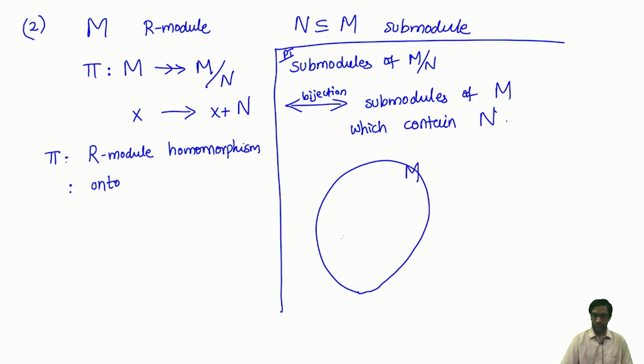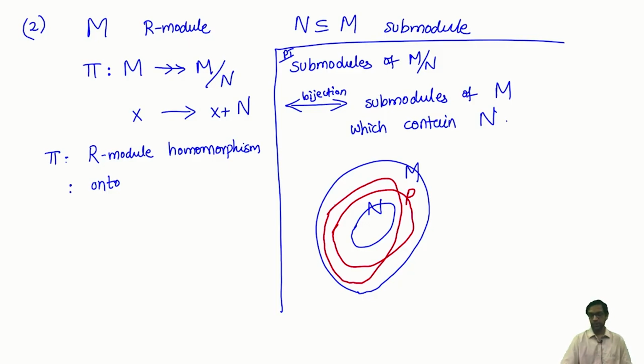I have M, the ambient module, and N, the submodule. To understand the submodules of the quotient M mod N, it is the same as understanding the submodules of M which lie between M and N. There could be several of these different submodules between M and N, and to each of them there corresponds a submodule of M mod N. This is an equivalent way of thinking about submodules of the quotient.